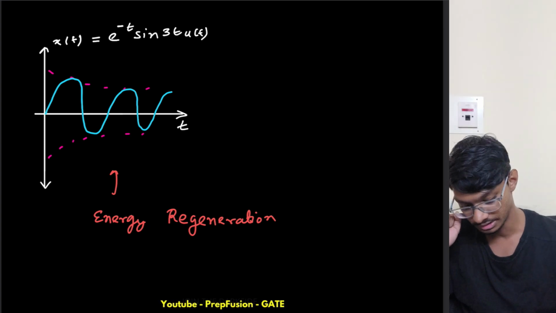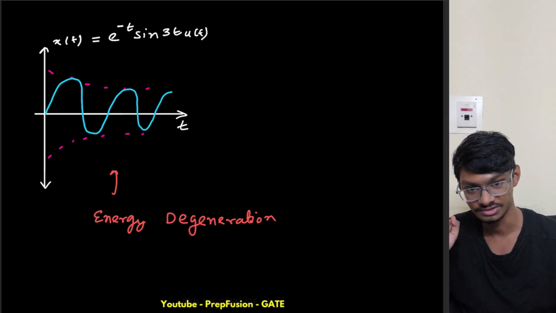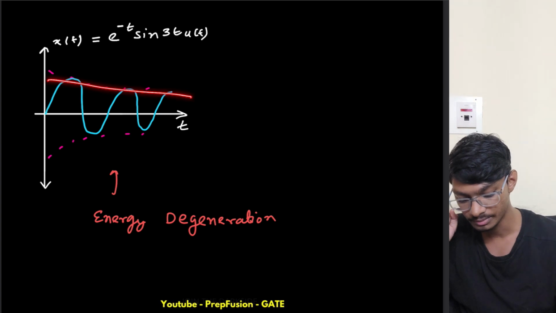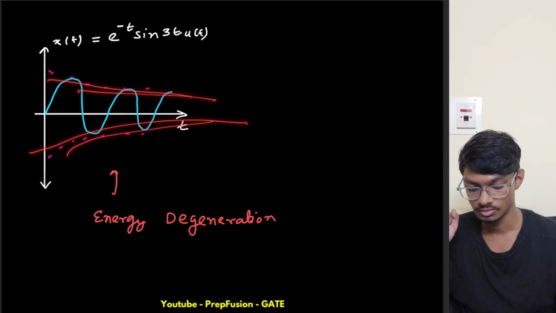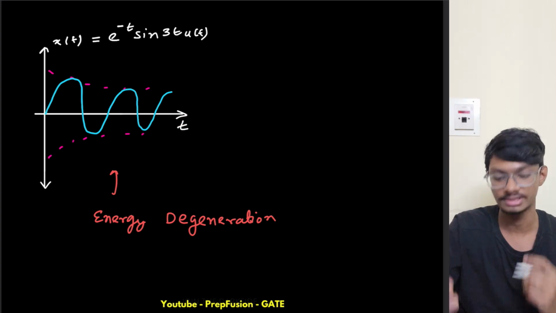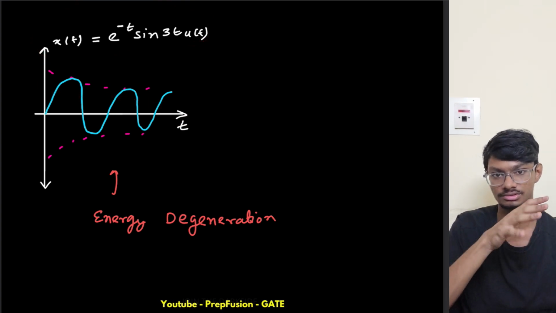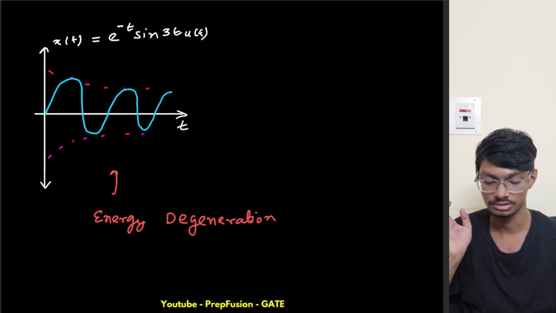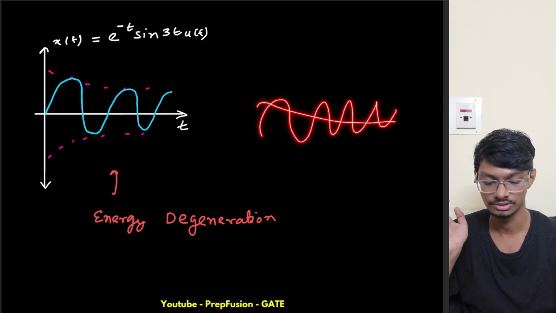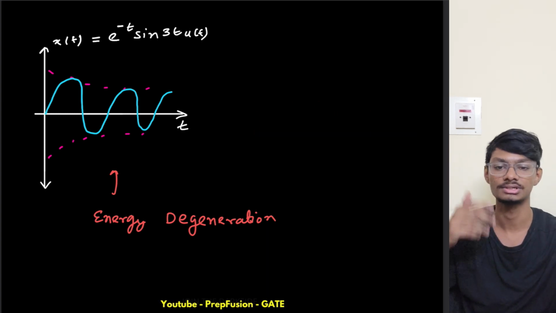Sorry, not regeneration, that was for positive. It takes the energy and makes it go to 0. We don't give any energy to this signal, we reduce the energy of this signal. If we have a sine signal, it has some energy, oscillating, but we reduce it to 0. That's why this is known as energy degeneration.